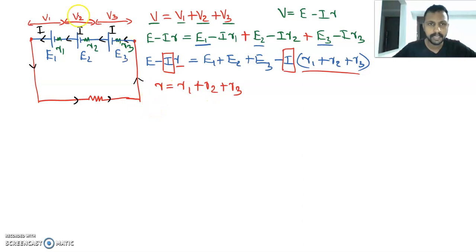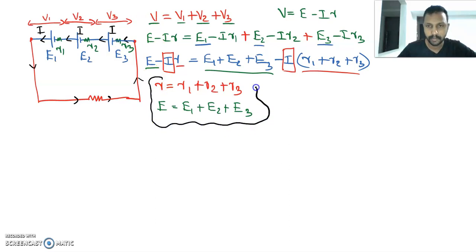Comparing the LHS and RHS, instead of this E, we are having E1 plus E2 plus E3. Therefore, E is equal to E1 plus E2 plus E3. This is the final result that you should memorize in the combination of cells: small r is equal to R1 plus R2 plus R3, and capital E is equal to E1 plus E2 plus E3.